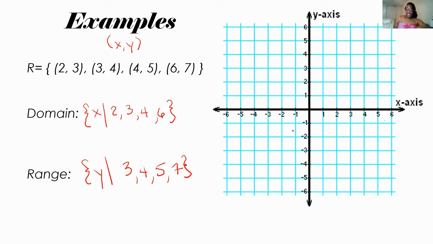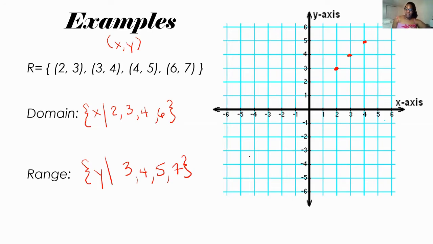So if I were to plot these, I have (2, 3), so that'll be this point, (3, 4), (4, 5), and then (6, 7) will be somewhere up here. So if we take a look at it, it's almost like giving me a straight line, okay? It's almost increasing. But if I do what's called a vertical line test, vertical means up and down.